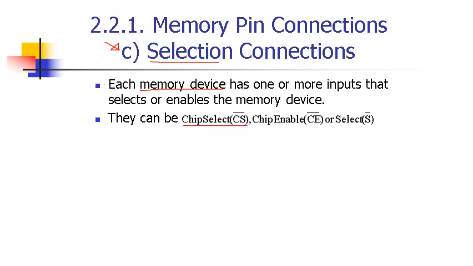A pin through which you select the chip, we call it chip select. Sometimes they call it CS, sometimes they call it CE for chip enable, or simply select. So the memory has to have such a pin to be selected or activated through. You activate the memory through CS bar or CE bar or S.